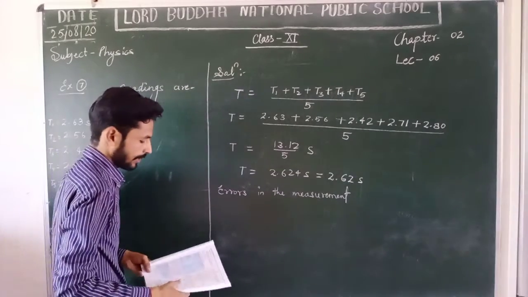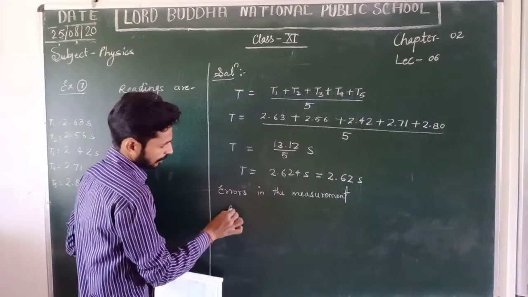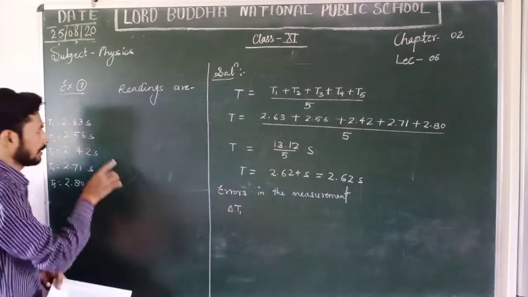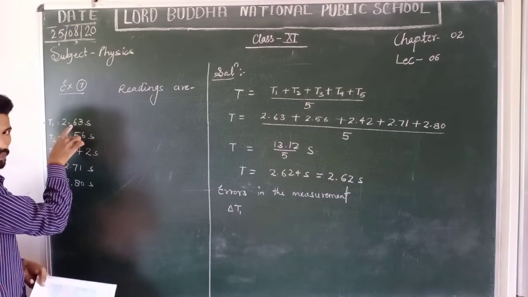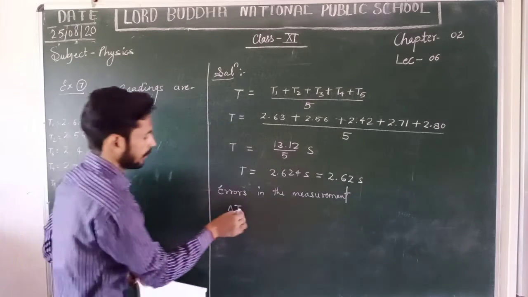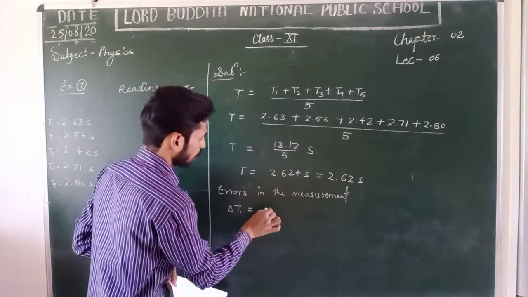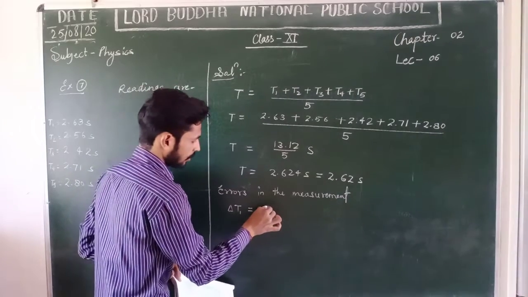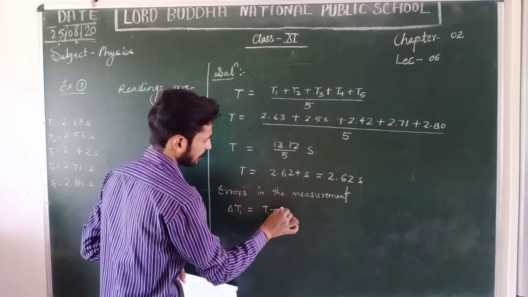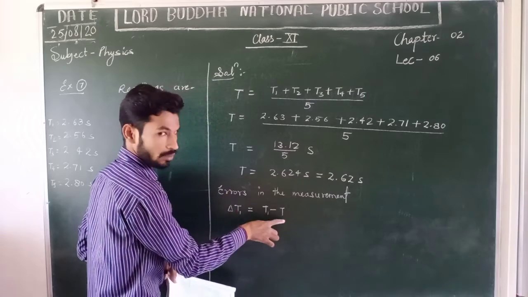Delta T1, the error in the first measurement, equals T1 minus T, the mean value.